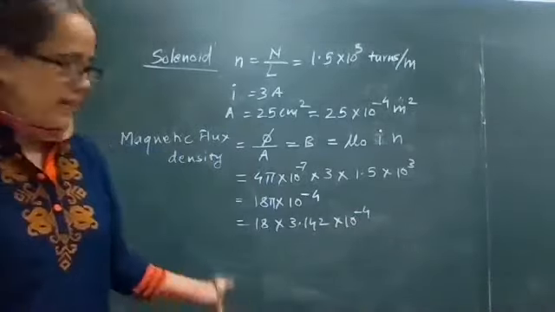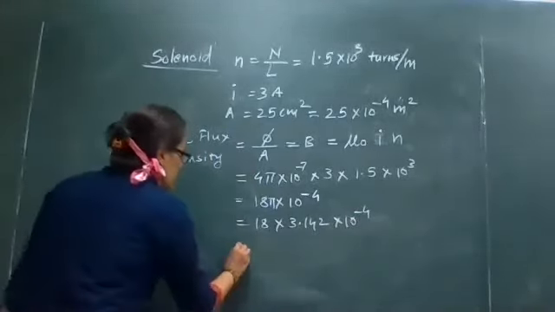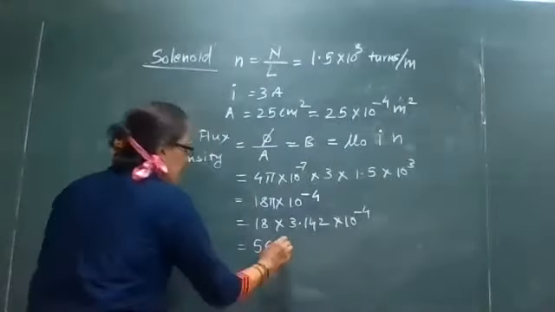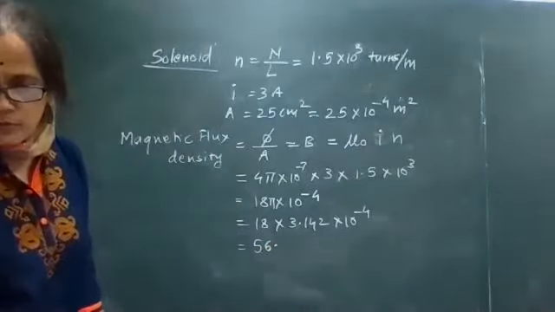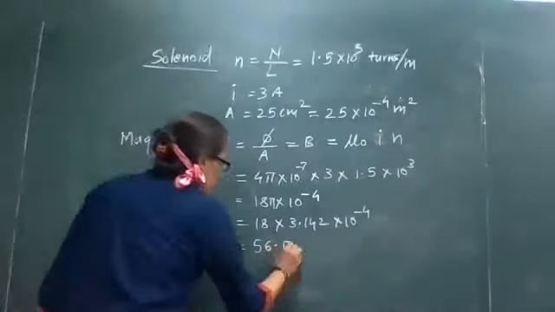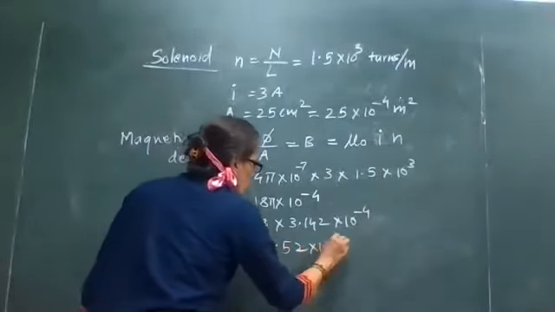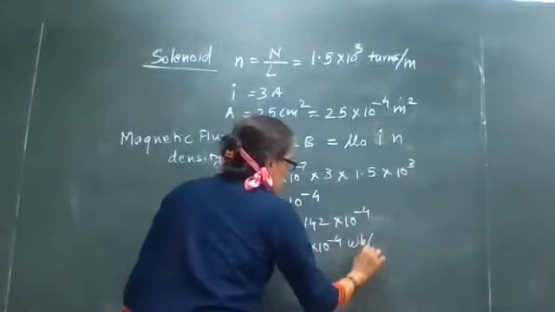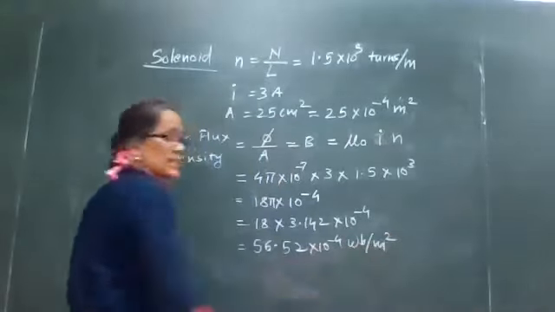If you multiply both the factors, your answer will be 56.52 into 10 raised to minus 4 weber per meter square. This is the flux density.